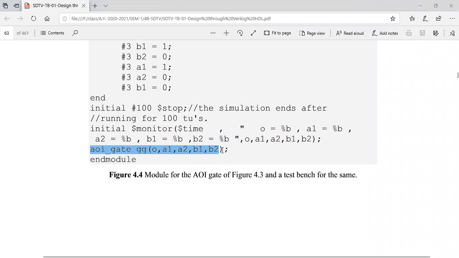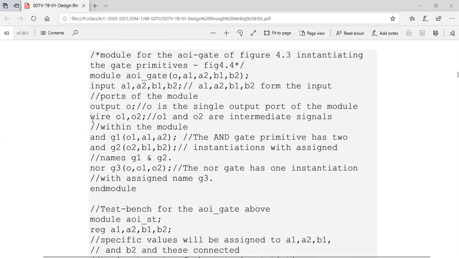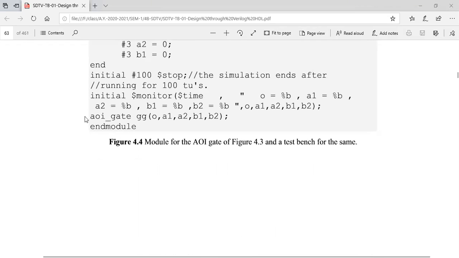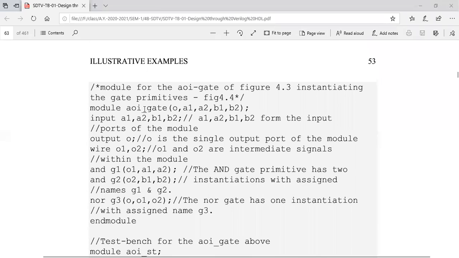This is just instantiating that AOI gate. We are writing the test bench for this gate, right? This is the AOI gate. I'm giving a temporary name, GG, for simulating the test bench, and the same thing I have mentioned there, I have mentioned here also: 0, 0, A1, A2, B1, B2.